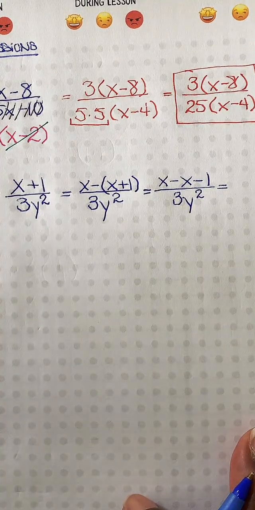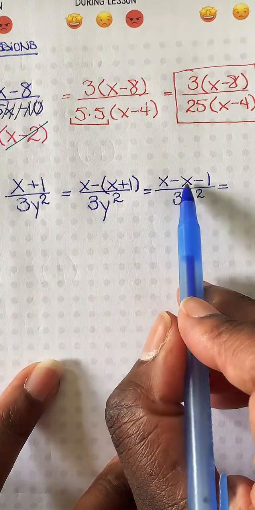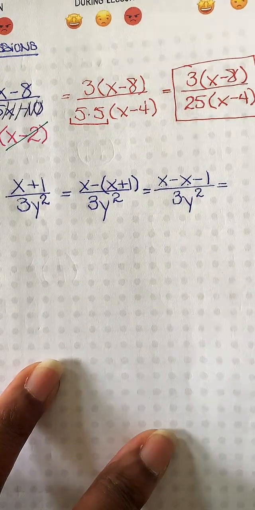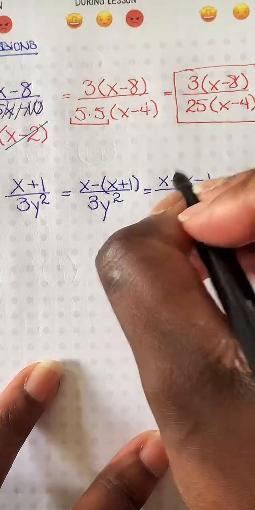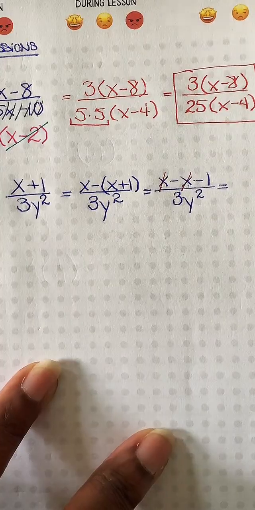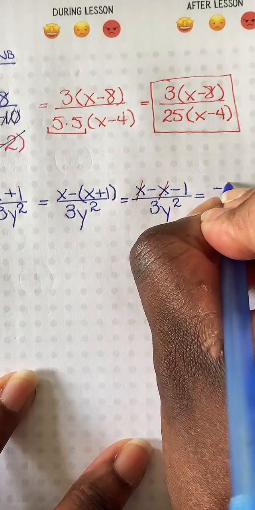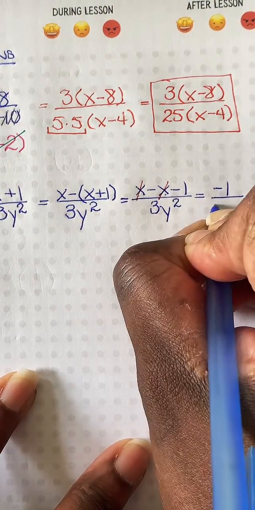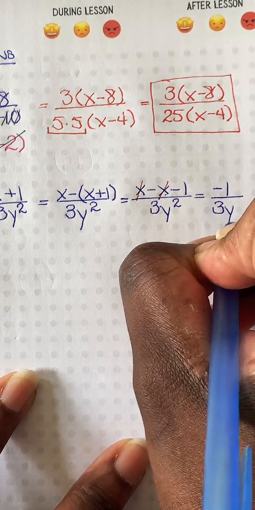Yes, thank you, Amy. Because x minus x cancel each other out. And what's left over is -1 over 3y squared.